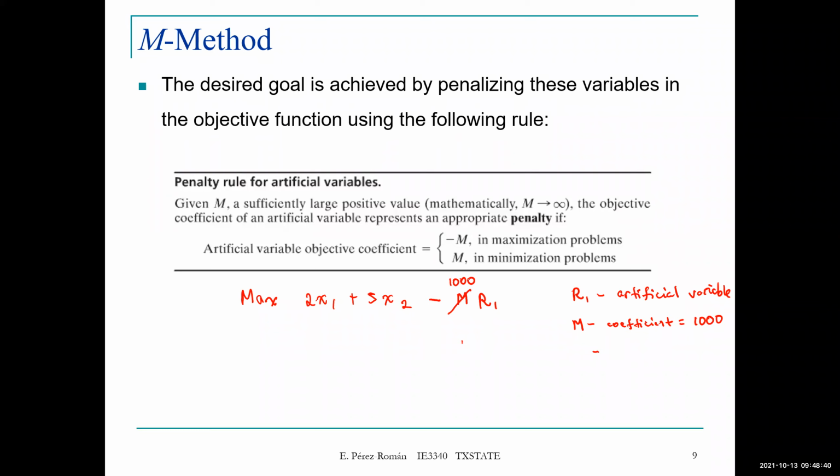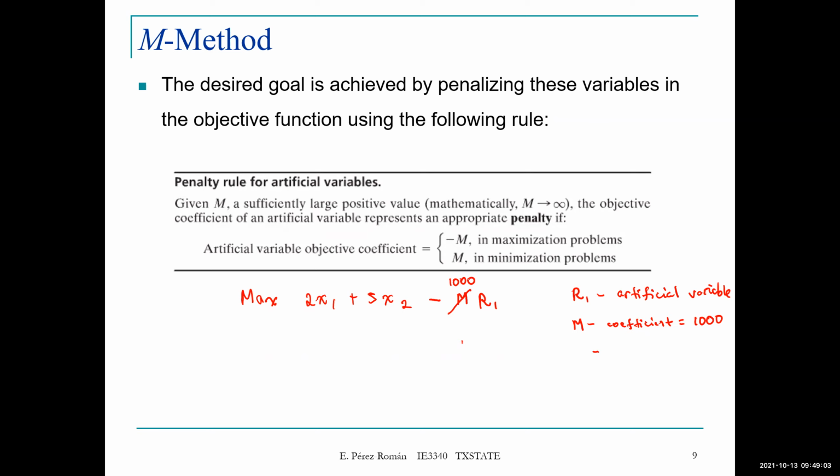Because if you increase R1, your objective function is going to decrease very quickly. And that's what we want. We want the artificial variable just to be there for finding an initial solution. And then after that, when we solve the problem, those variables will have a value of zero because they are penalized very heavily in the objective function.